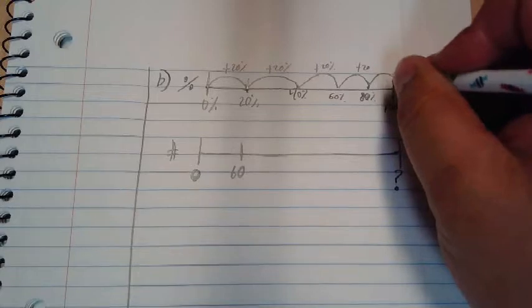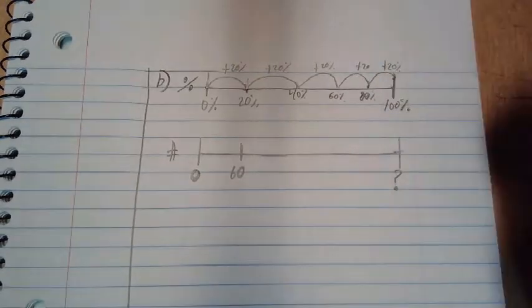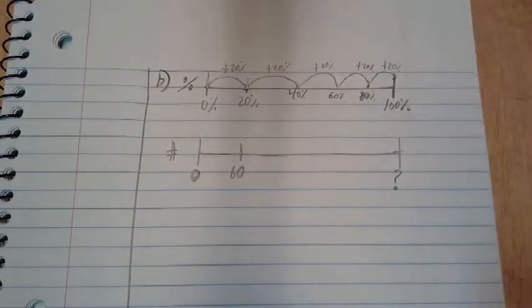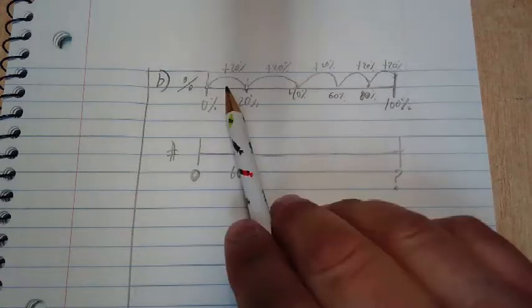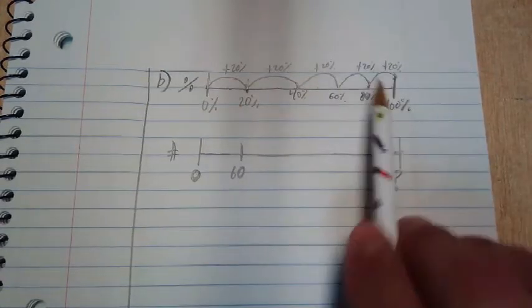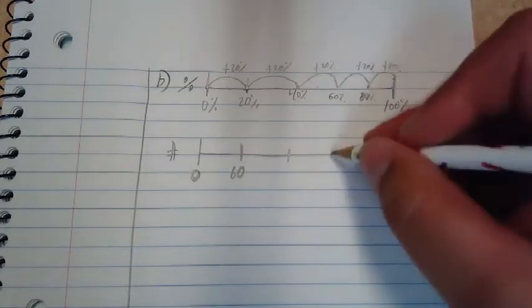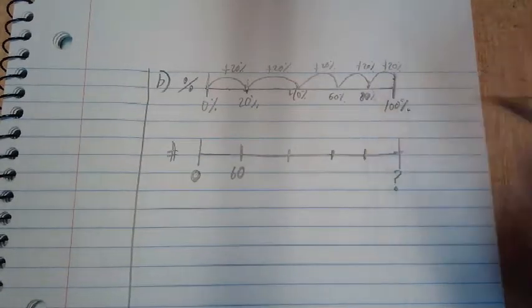And if I add another 20%, I get to 100%. I'm going to stop there, because all I want is one whole. It looks like I broke it up into 5 parts. I'll break it up into 5 parts here too.